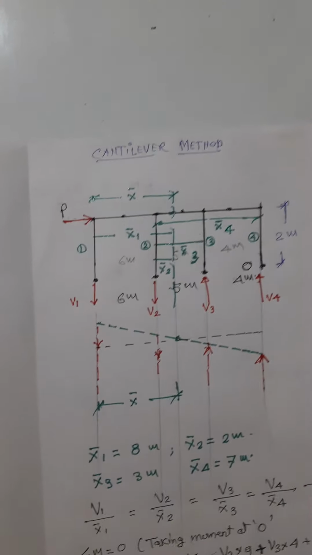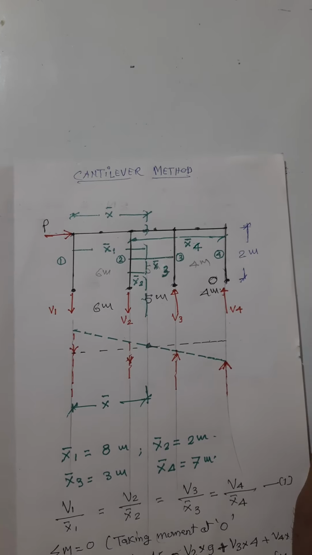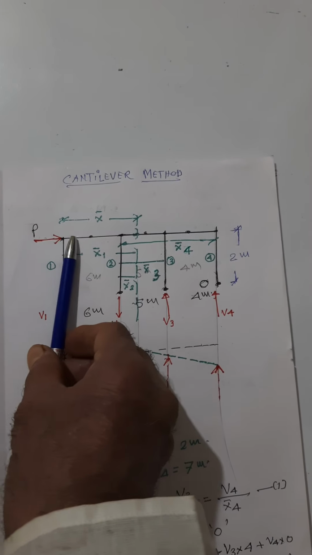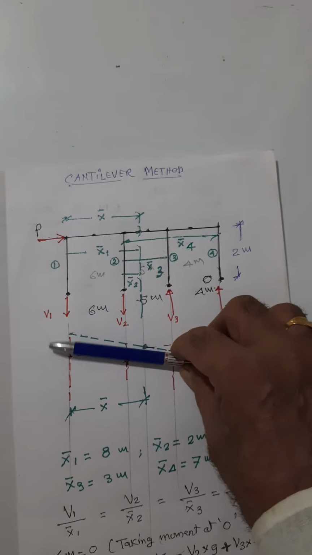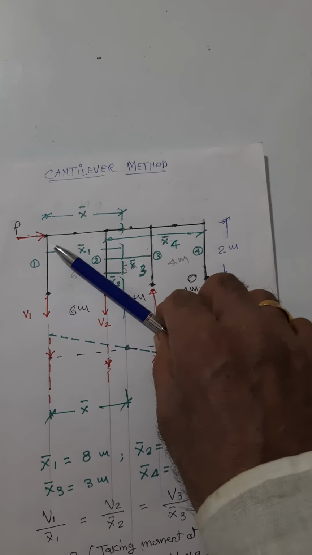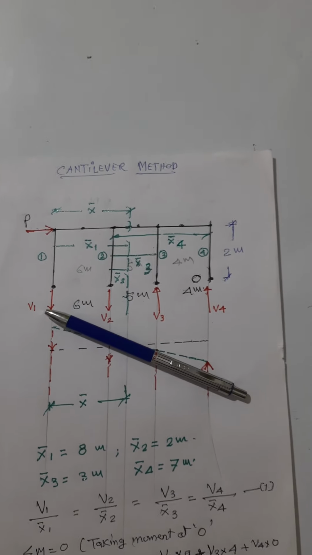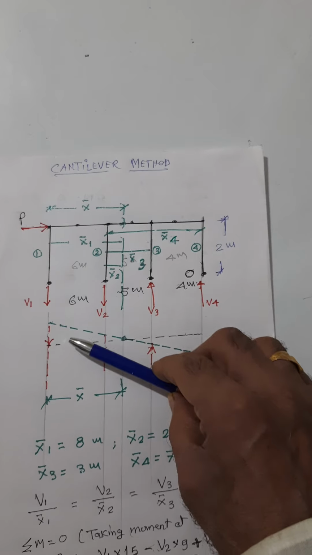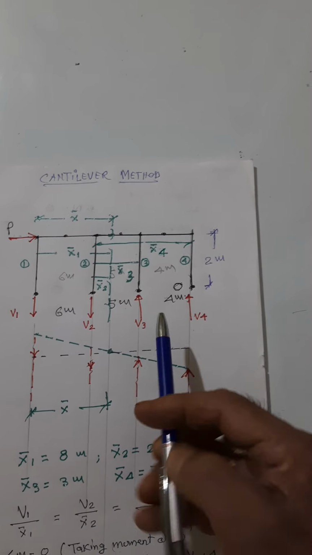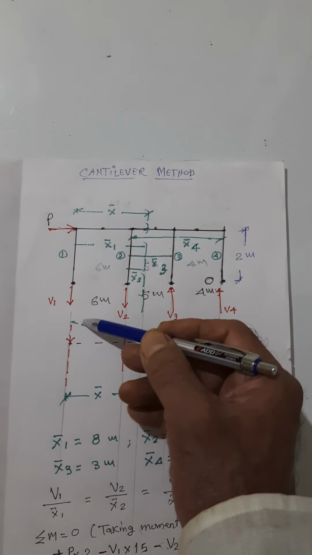Now, once these distances are known, if I apply force in this direction and take the moment at this plane, the frame will tilt like this, which means this portion is going up. So we have to bring it back, and we apply force in this direction.